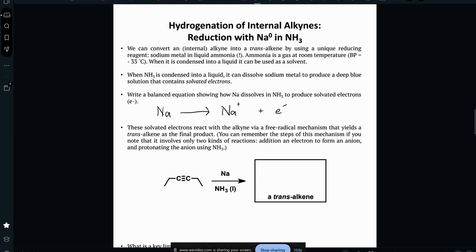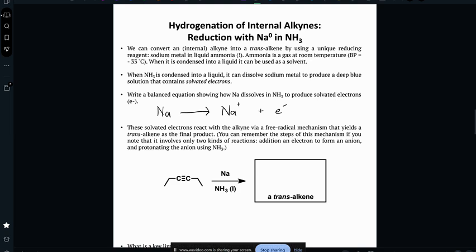So these free electrons are able to just dissolve into that solution of ammonia. You can't do this in a water solution, but it turns out at this low temperature, you can do it in an ammonia solution. And those free electrons, we've discovered, will react with an alkyne.